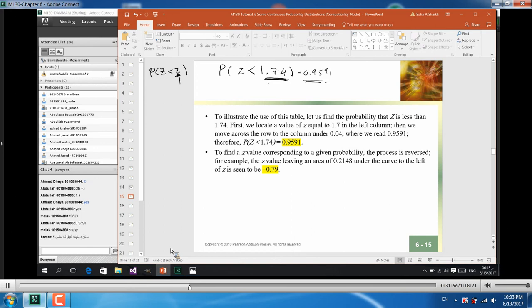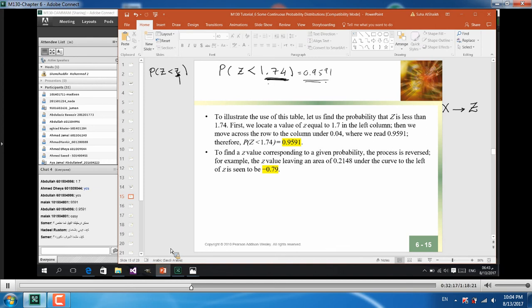The trick is not here. I will send it to you, no problem. The trick is not to search in the table. The trick is how to change it to be less than. And later you will see that sometimes they give me X, and I need to change it to be Z.